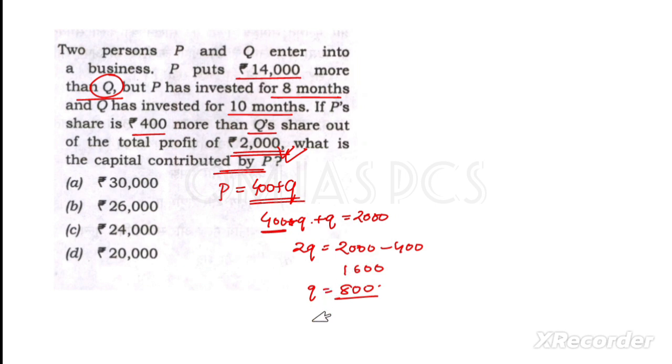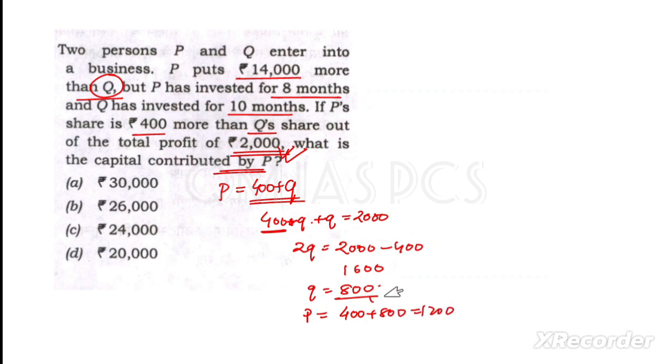Yes, q is equal to 800, and P will be 400 more than Q, so that will be 1200.